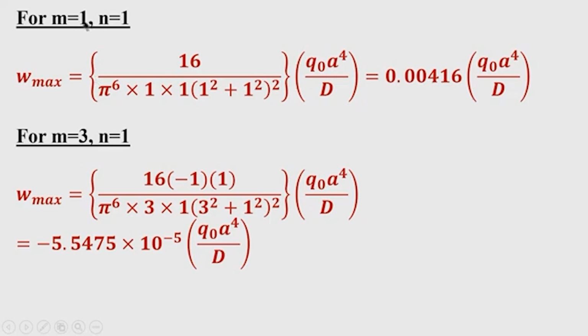When you increase the number of half waves in the x direction, but the number of half waves in the y direction is 1, then again we get the center deflection as minus 5.5475 into 10 to the power minus 5, q naught a to the power 4 divided by D. Because the integers' power appears in the denominator, the deflection will gradually decrease as you go to higher integers.